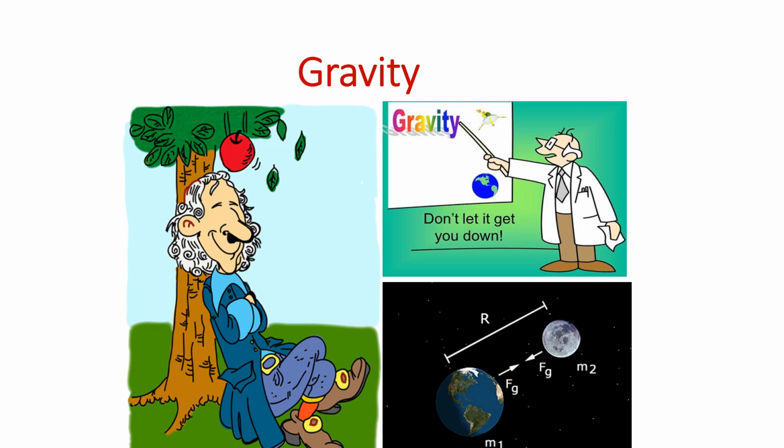But apart from this, we probably do not know that gravitational pull is something which is expanding within the entire universe, and it has an infinite range. What it means is that it actually exists between any two objects that you see around you.